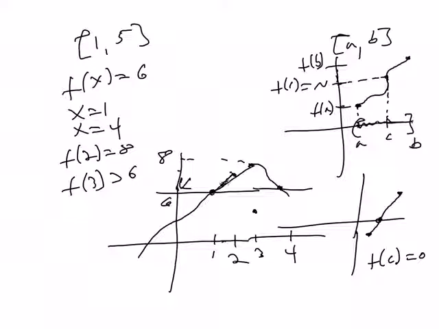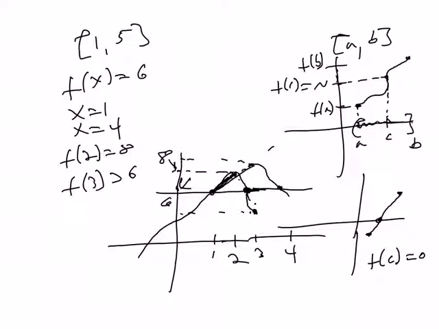Let's imagine the function really goes down here. So the function would have to go to 8, and then go down, but over here it would hit 6. You can't jump over 6 if it's going to go to a number less than 6.